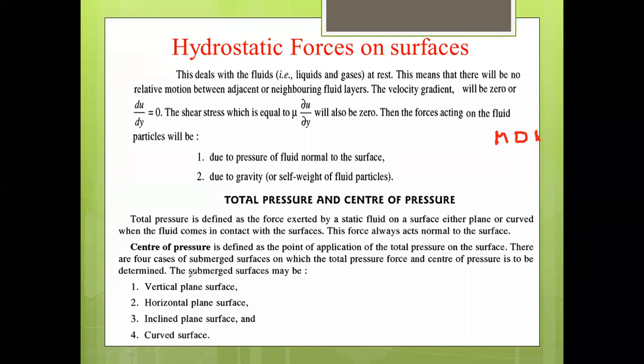So this center of pressure is nothing but the point of application of the total pressure on the surface. There are four cases of submerged surface on which the total pressure force and center of pressure are to be determined, and we are going to see the derivation of all these different conditions one by one in coming lectures.